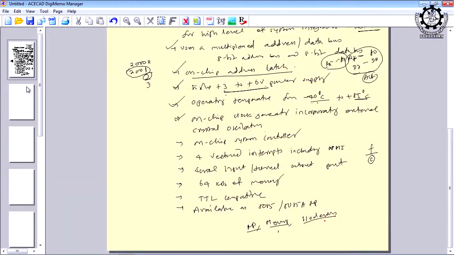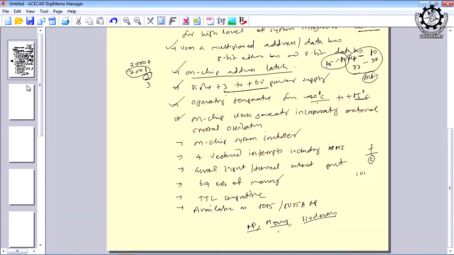So, after dividing, that clock signal will be connected to memory. The external clock generator, as I told you, that is crystal, will generate around 10 megahertz. This is the clock frequency internally, but this will be divided by 2, which will be 5 megahertz and which will be connected to the microprocessor.